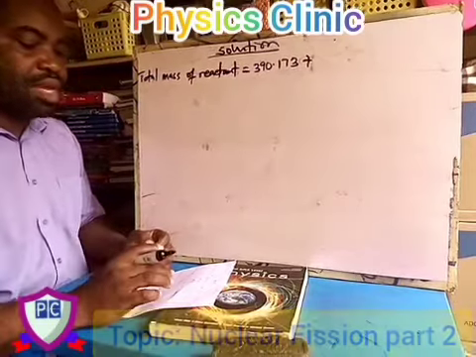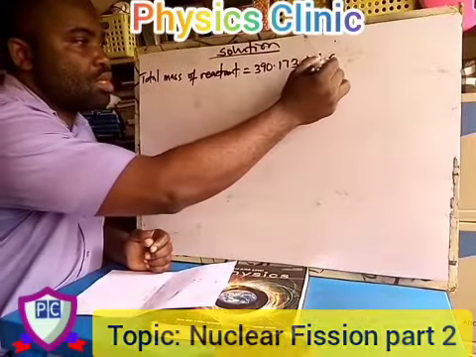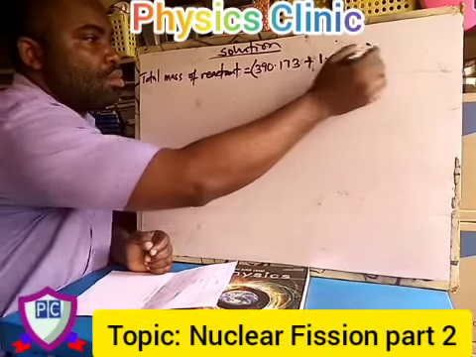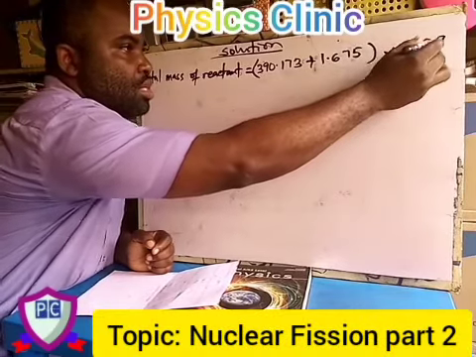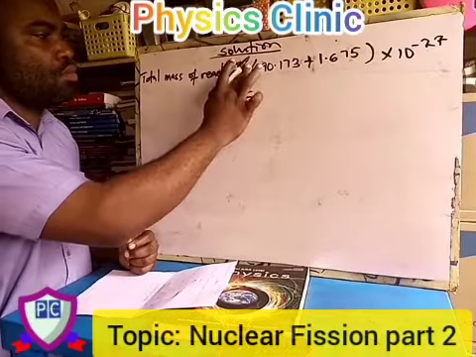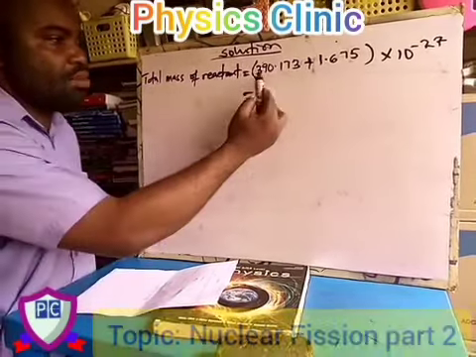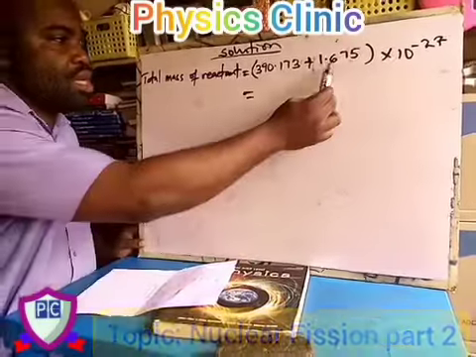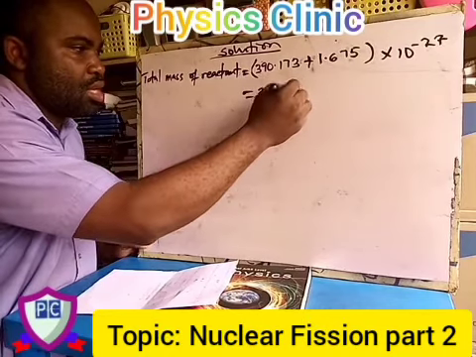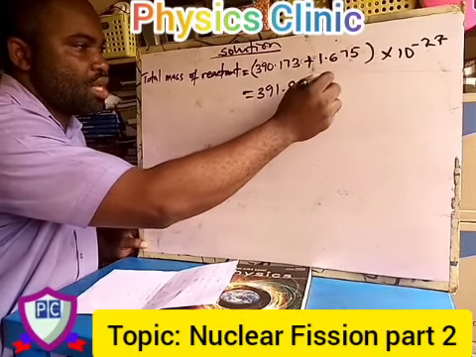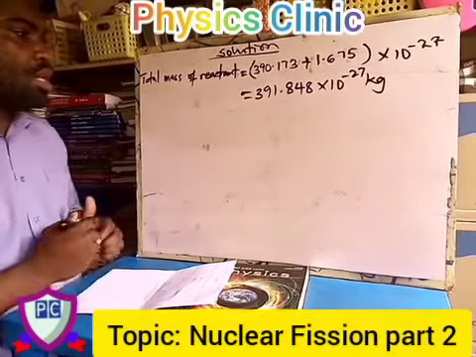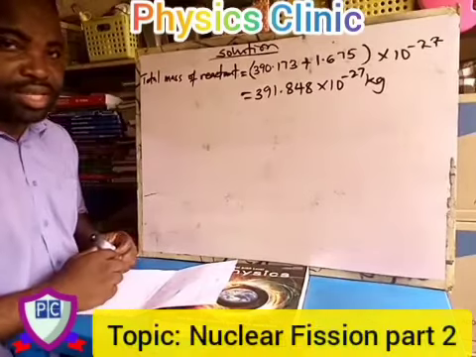If we add it to the mass of neutron, which is 1.675, multiplied by 10 raised to the power minus 27, when you add up the mass of the uranium-235 and the neutron, we are going to have 391.848 times 10 raised to the power minus 27 kilograms. This is the mass of the reactants.